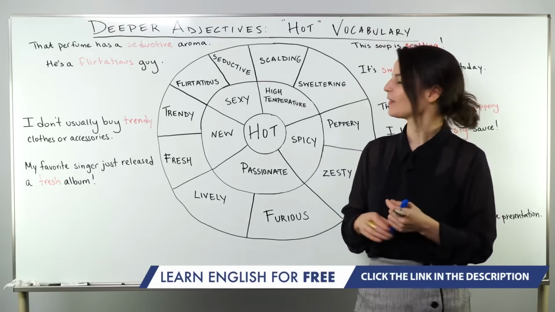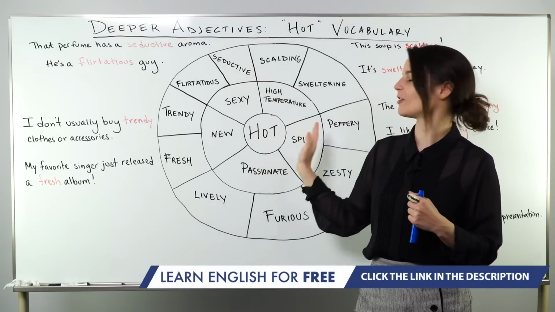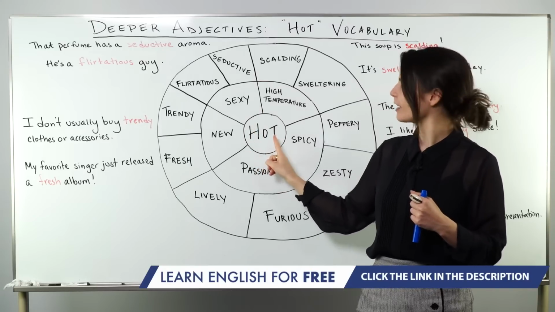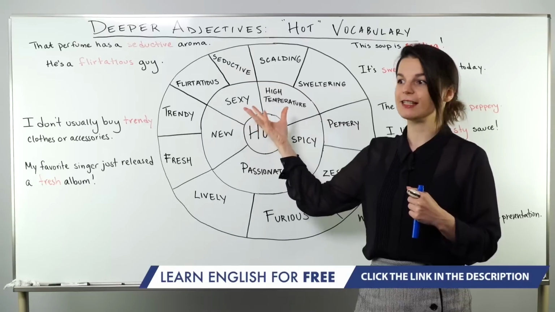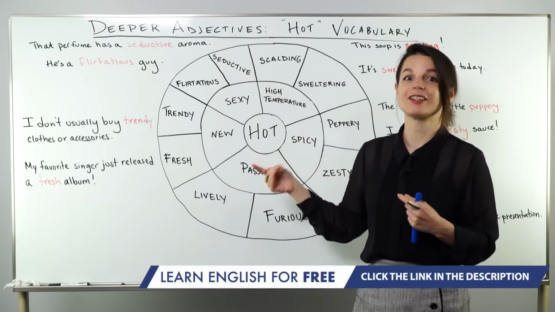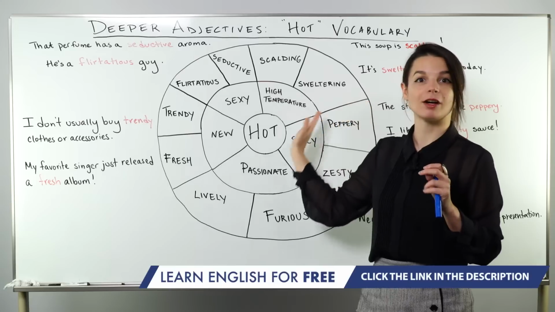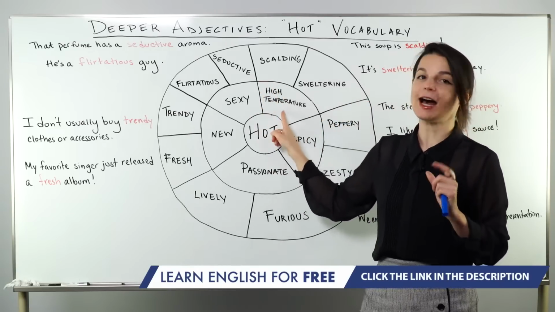Let's get started. Okay, I'm going to start with this part of this adjective wheel. So again, our focus adjective is the word hot, and I'm going to talk about different meanings for it, different senses for this word, different ways to understand hot. So the first one that I want to look at is this part right here. This part focuses on the meaning of high temperature.